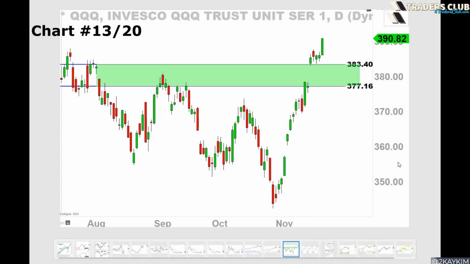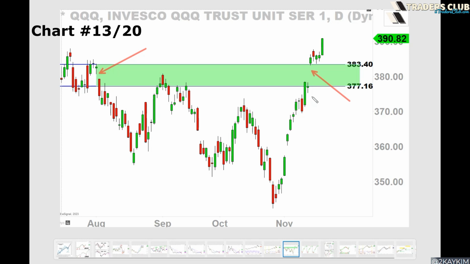NASDAQ here, bear with me, almost done. On the NASDAQ, we have the island up gap, still remaining open here. I talked about in my Twitter feed that as long as this island gap remains open, the stronger its presence is going to be.